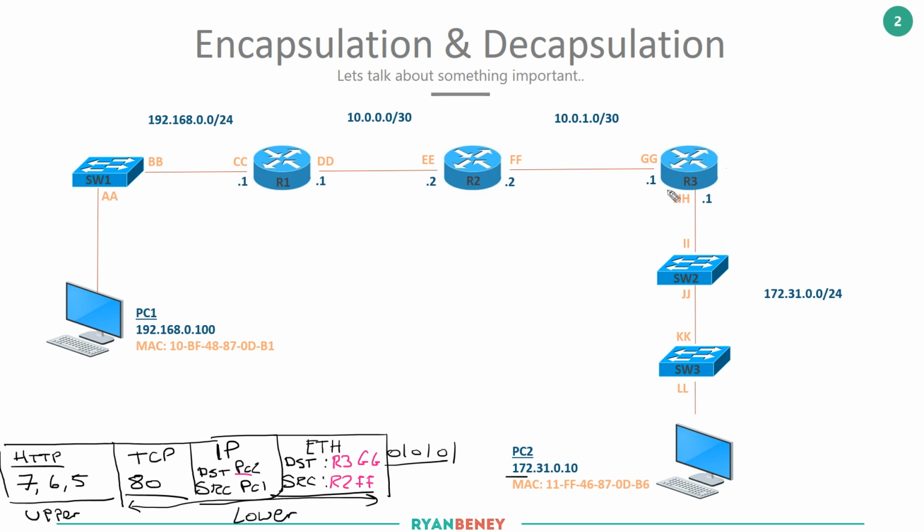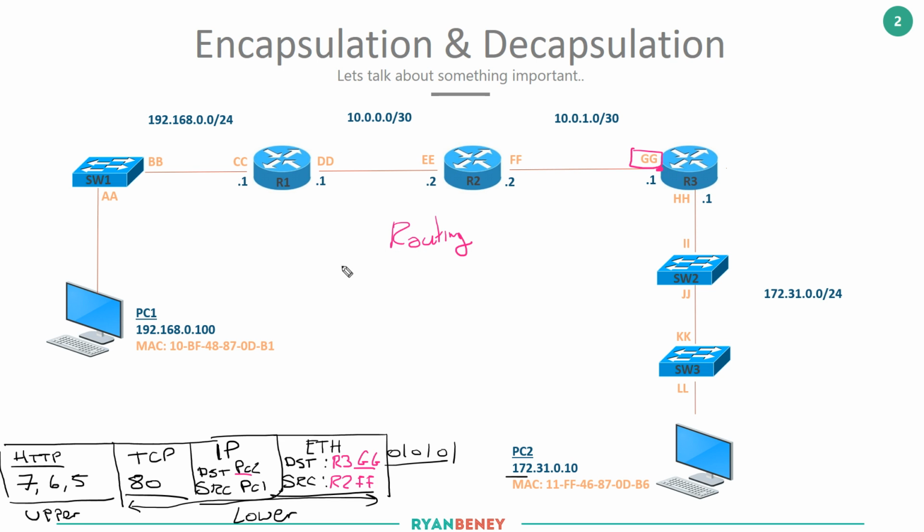The packet is received in by router 3 on the GG interface, and it's decapsulated because the destination is the MAC address of GG. As it's decapsulated, it looks at the IP address and says, okay, that's not me, so I need to again look into my routing table.